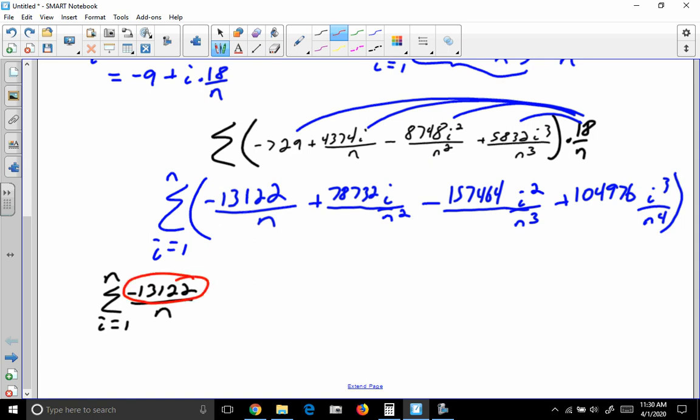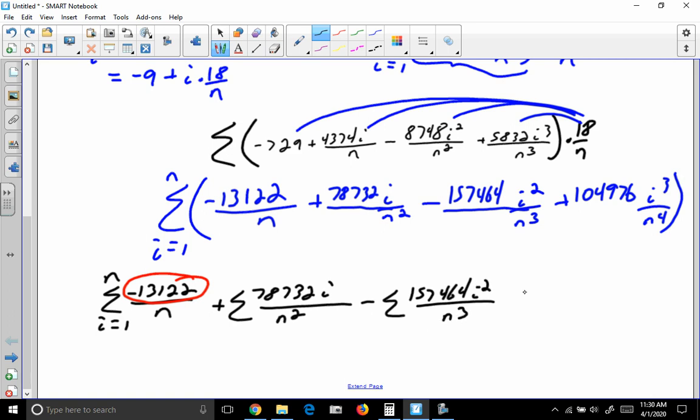So we'll come back and do that in a minute. And then we're going to add the sum of the next term, 78,732i over n squared. We're going to subtract the sum of the next one, and we're going to add the sum of the next one.